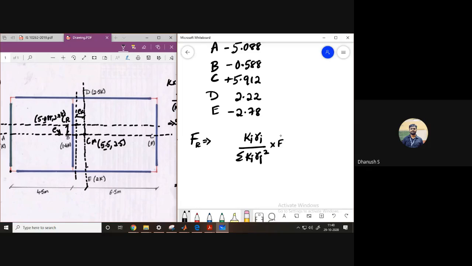I'll call this Fx because we're doing it for the x direction, correct? Into something else: eccentricity. Which eccentricity? ED.